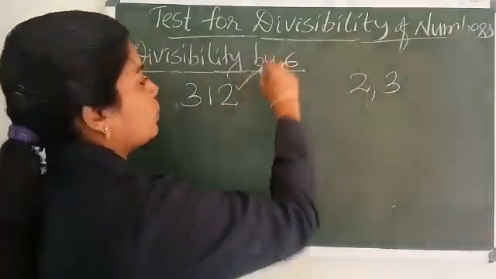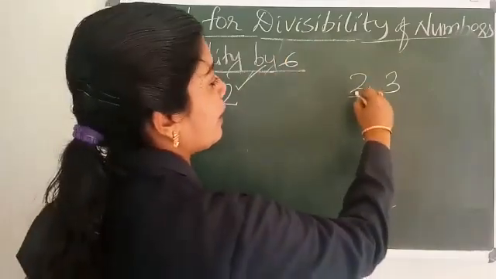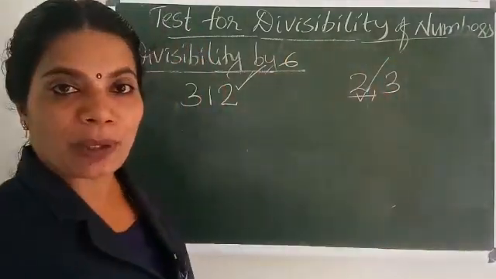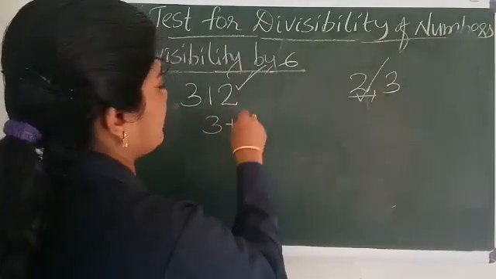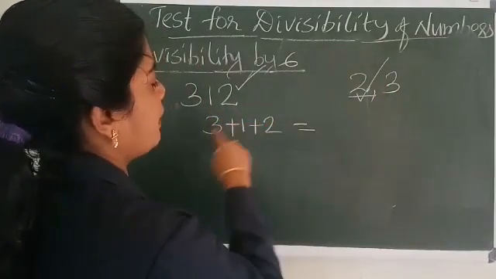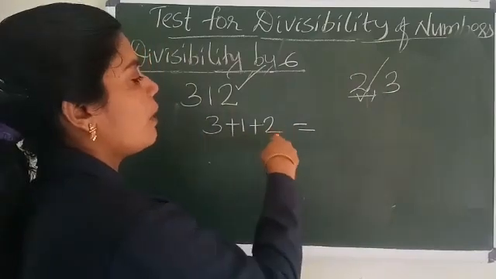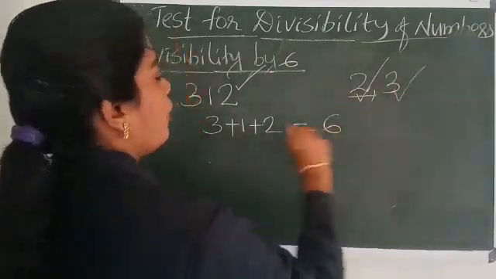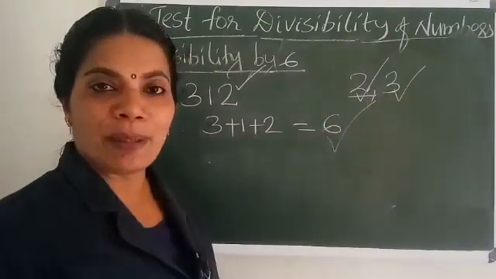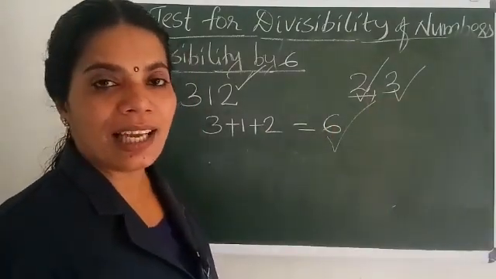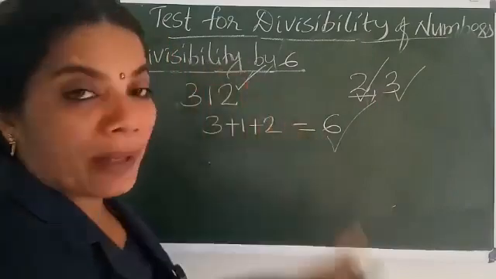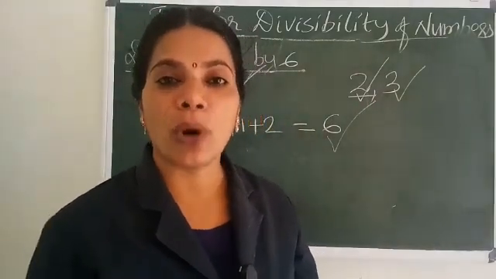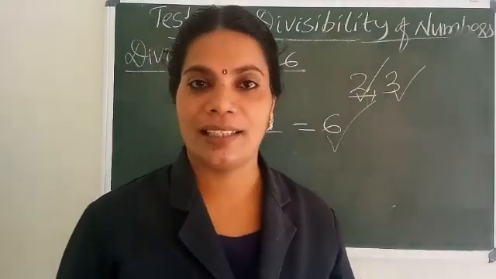It ends with 2. Therefore, it is divisible by 2. Next, the divisibility rule of 3. What's the divisibility rule of 3? Sum of the digits: 3 plus 1 plus 2. 3 plus 1 is 4, 4 plus 2 is 6. 6 is a multiple of 3. Therefore, it is divisible by 6. Clear? That is, if a number is divisible by 6, it is divisible by both 2 and 3.